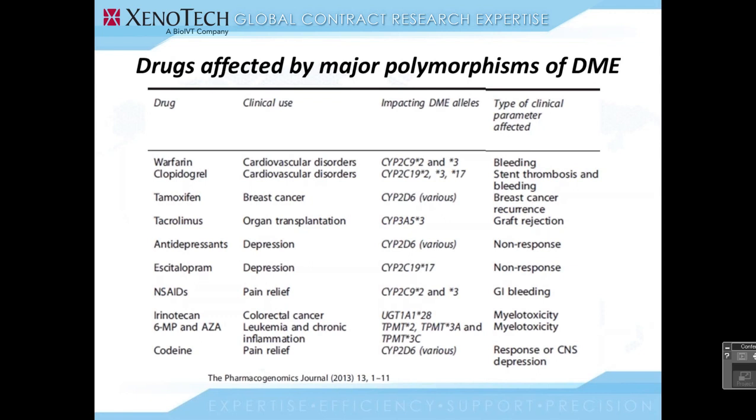Toxic effects include bleeding, thrombosis, or myelotoxicity. As you see from this tabulation, in addition to CYPs, UDP glucuronosyltransferase UGT1A1 and thiopurine methyltransferase are also implicated in genetically determined adverse drug reactions.